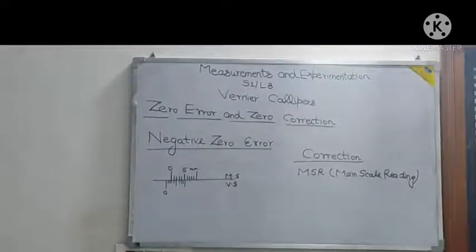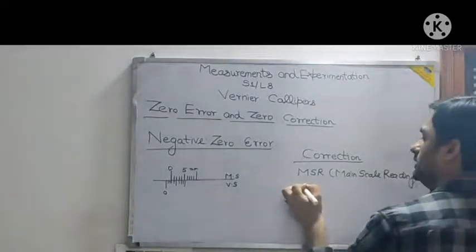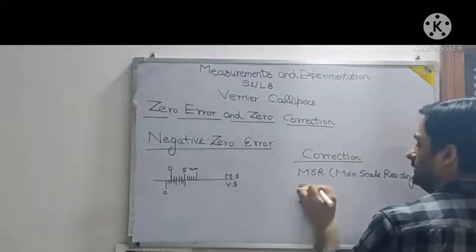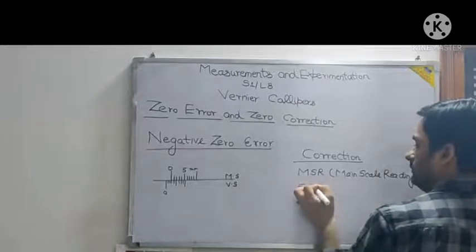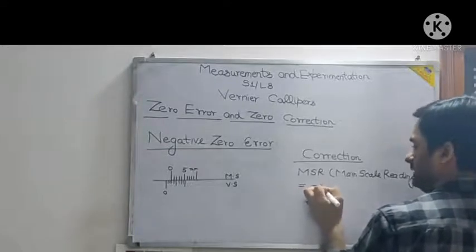That means the MSR will be negative, that means minus n.